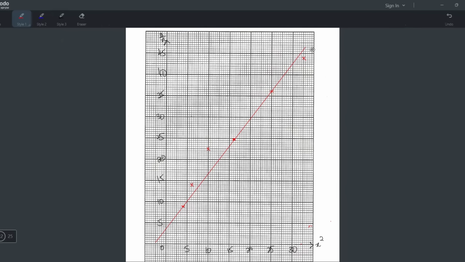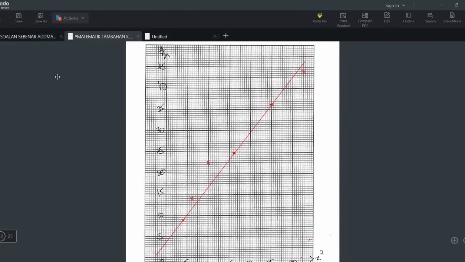Ni point duduk bawah garisan, tapi jarak sini akan cancel out dengan jarak sini. So these two jarak is fine. Tapi ada satu point yang sangat jauh. This one, right? That's the incorrect value. So later when I do my part C, last question, I have to refer this point.